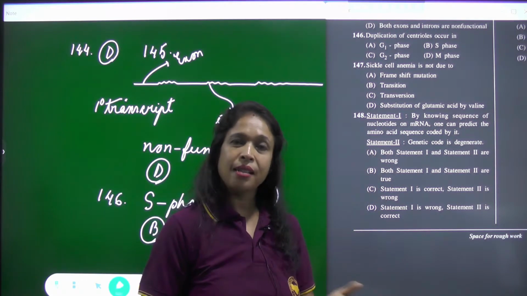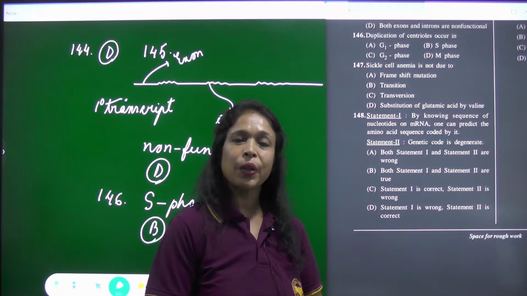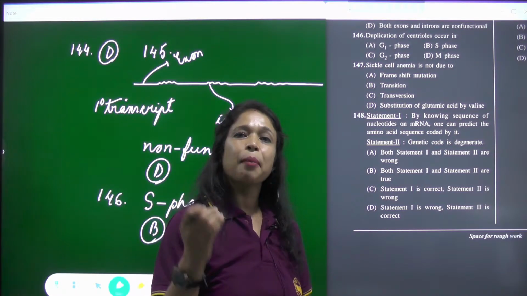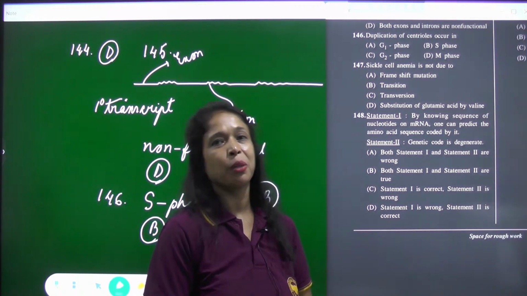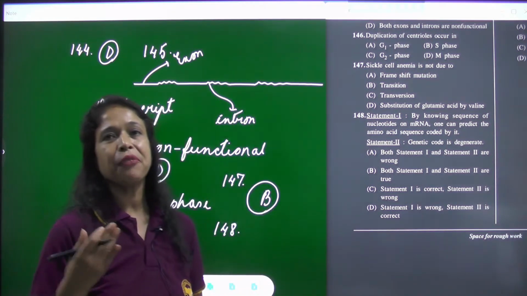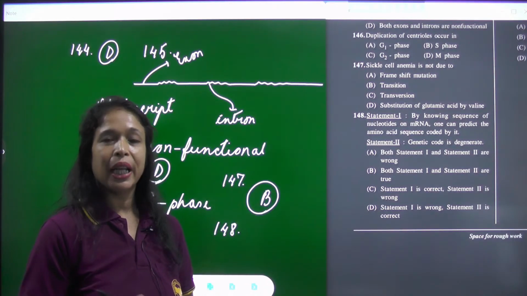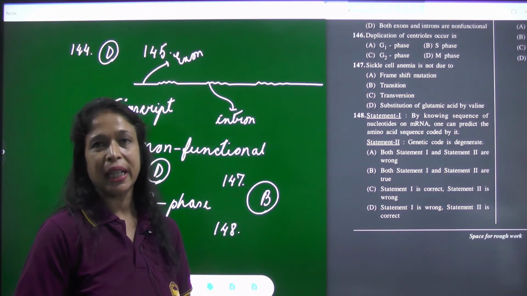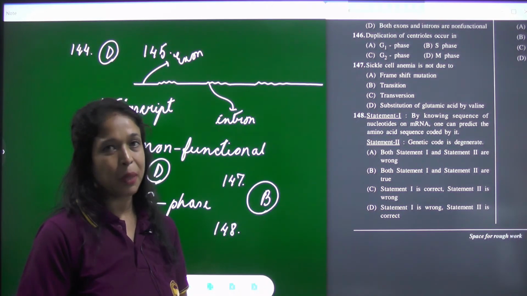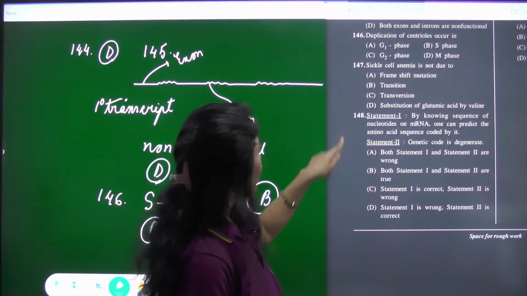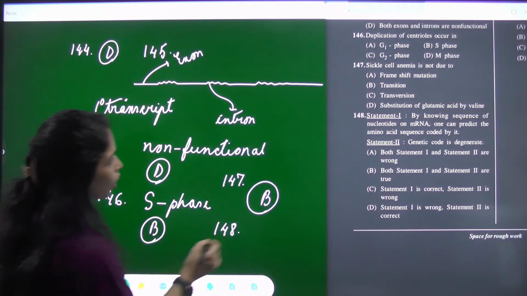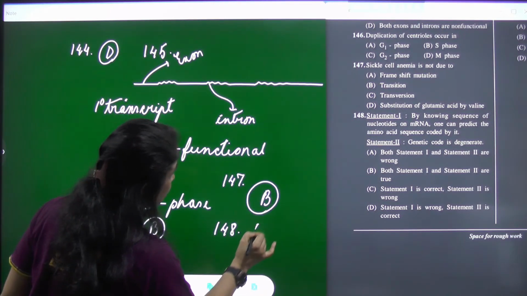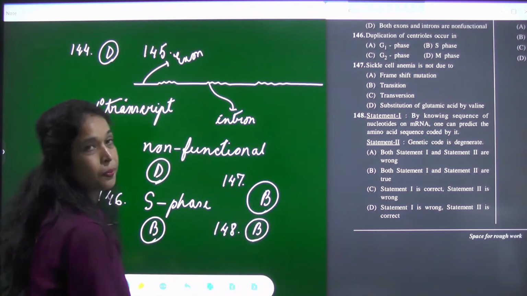Yes, the second statement is also correct. Why is there degeneracy? Because the number of codons is very high as compared to the number of amino acids. 64 codons are there, but they code only for 20 amino acids. So both these statements are correct. So as per the question for 148, the answer will be: both statements 1 and 2 are true. This is the second option.